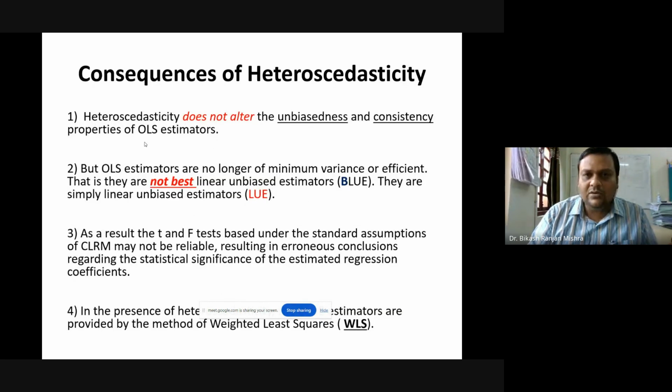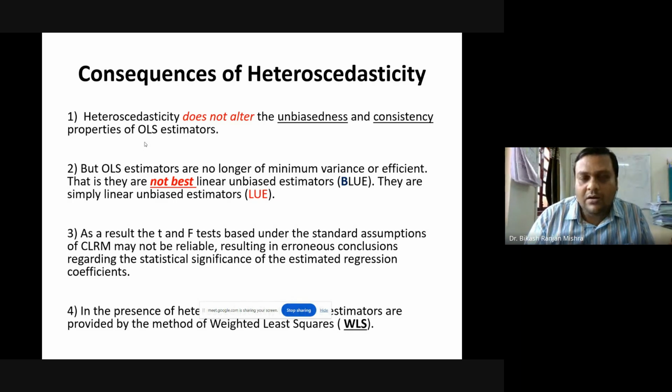And now, so far as consequence is concerned, it is dangerous. It is not investigator friendly. If a multicollinearity problem arises, the investigator may not be panicked. But if there is a heteroscedasticity problem, it will affect the best component of the BLUE property.